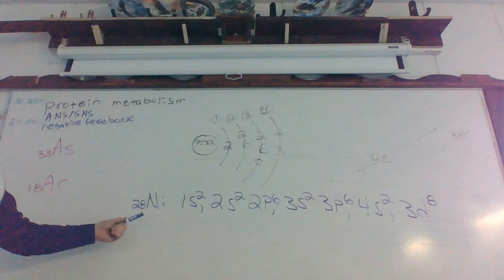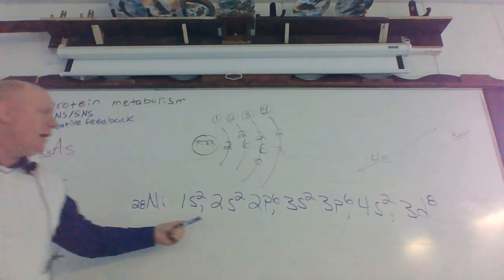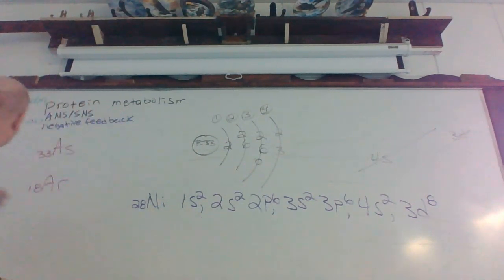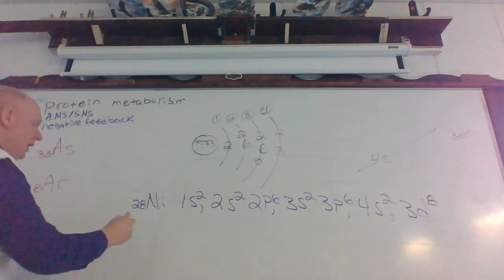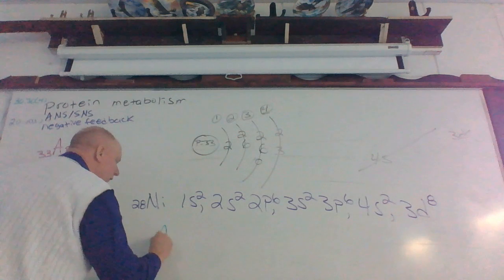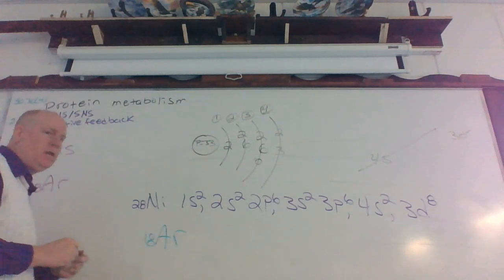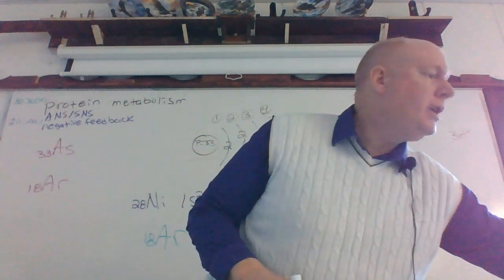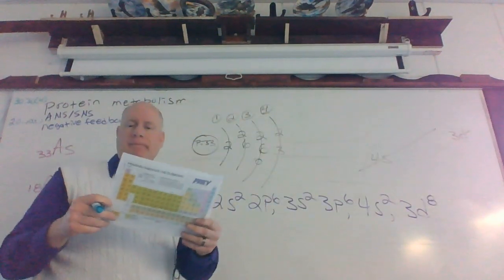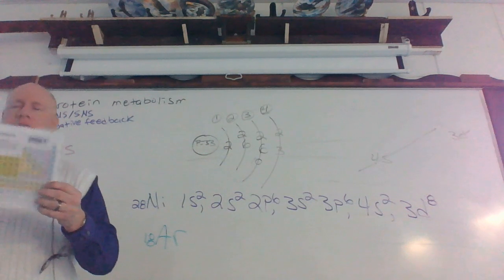So rather than doing this every time, what we can do is take this noble gas configuration, which is argon. Okay, so we're already up to 18. So we can make some predictions with that. What period is argon in?